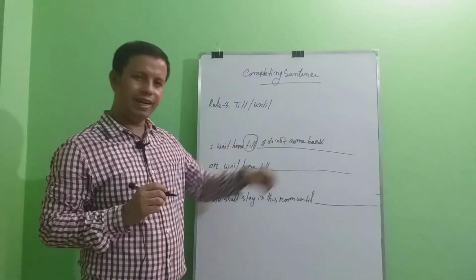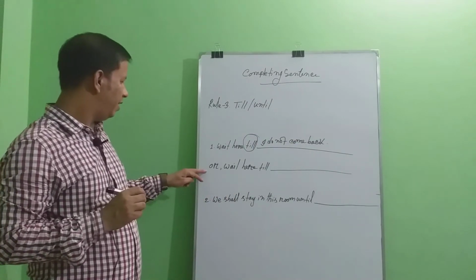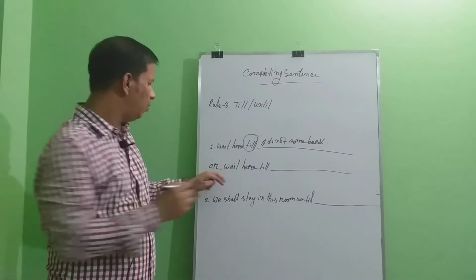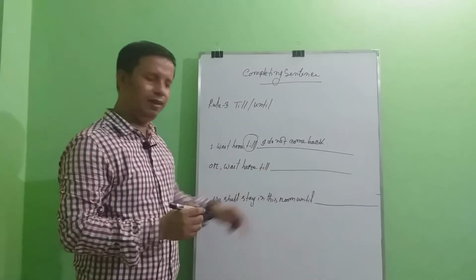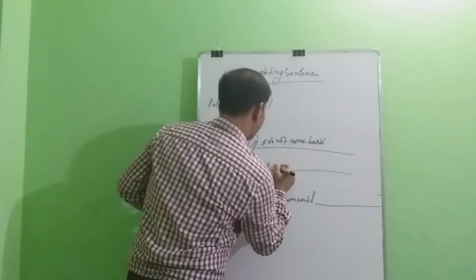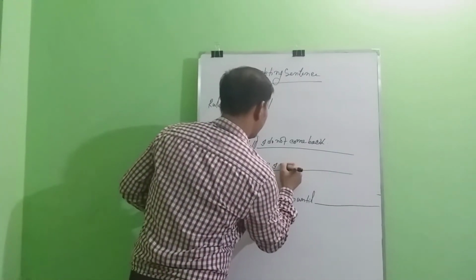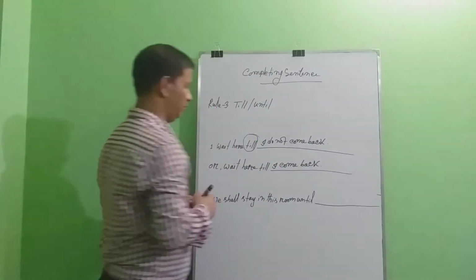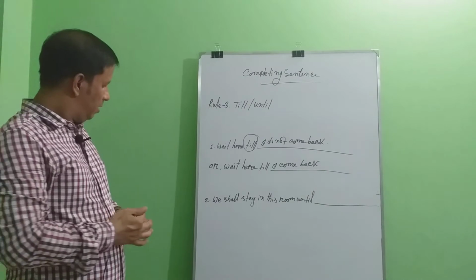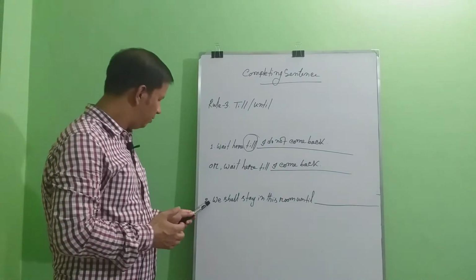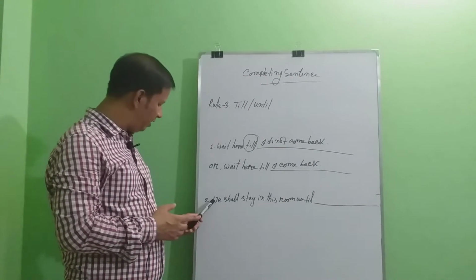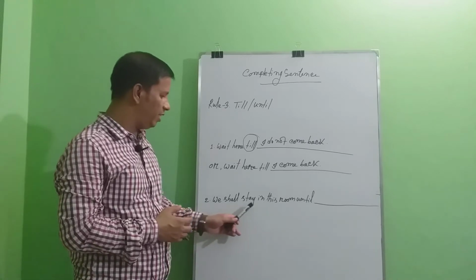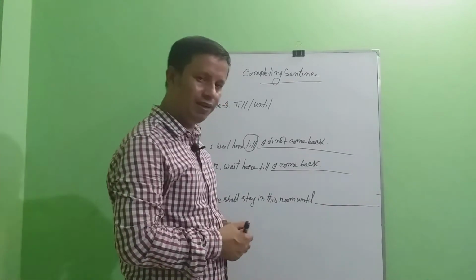This one is negative sentence, and again or wait here till. Affirmative sentence will be I come back. Last second sentence is we shall stay in this room until.